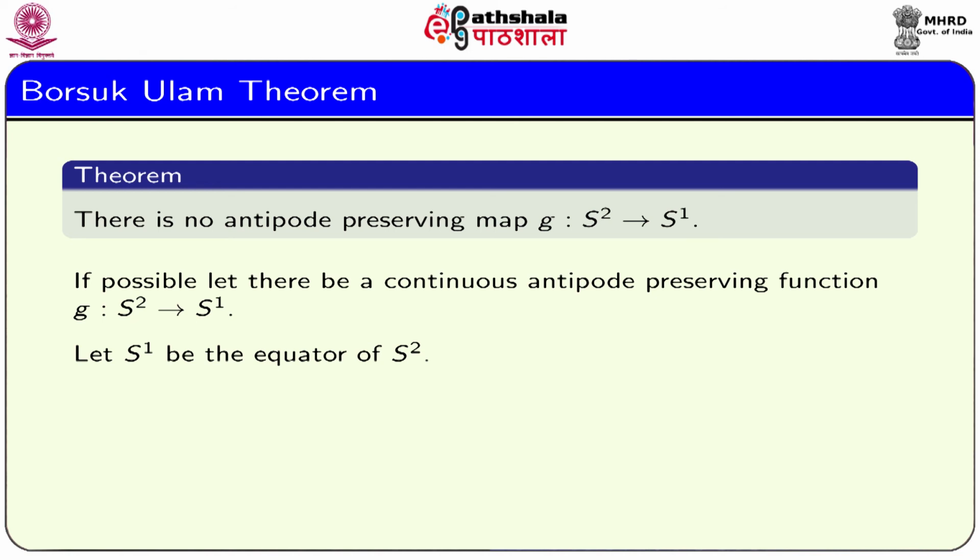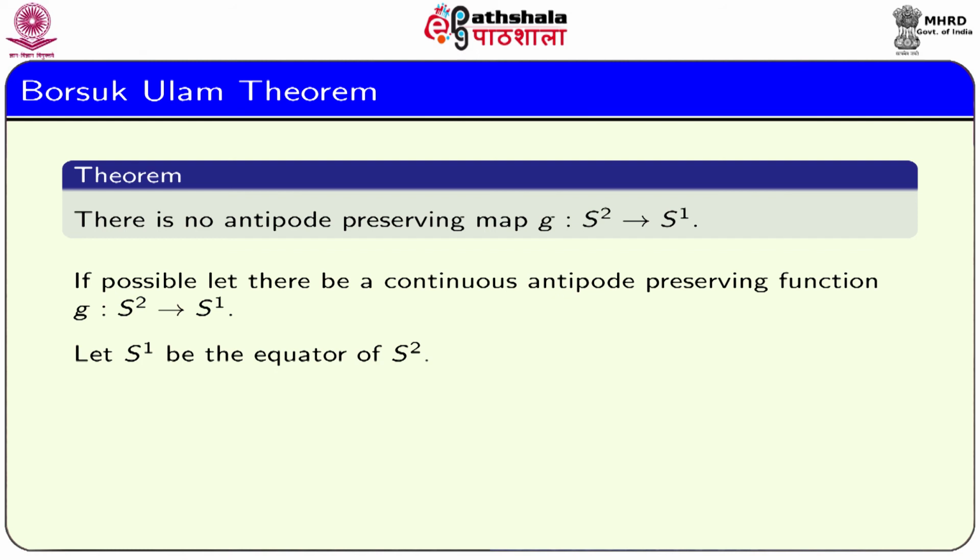We now state another theorem which says that there is no antipode preserving map G from S2 to S1. If possible, let there be a continuous antipode preserving function G from S2 to S1.